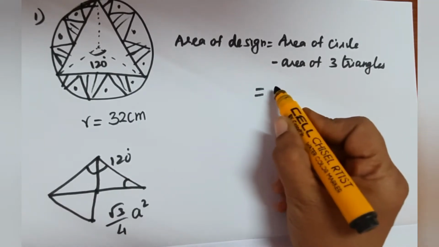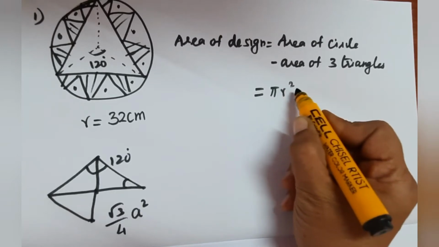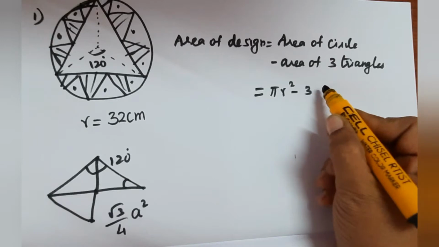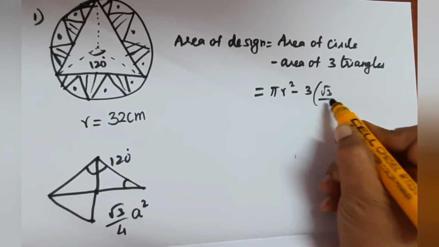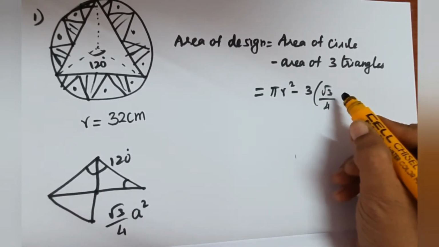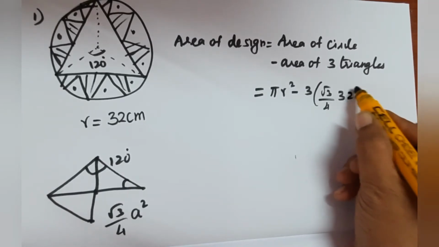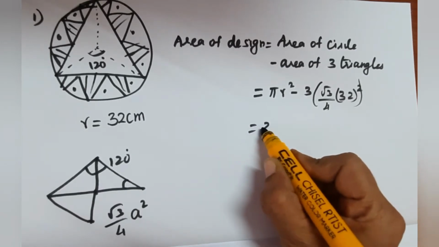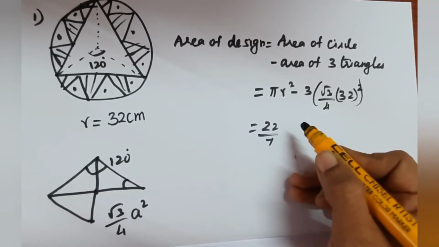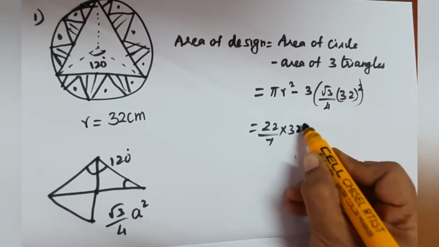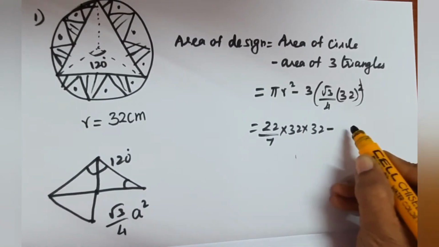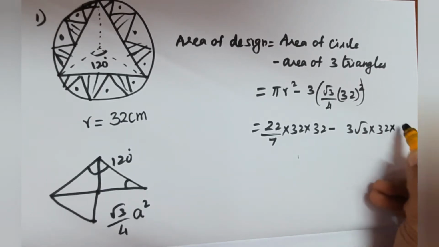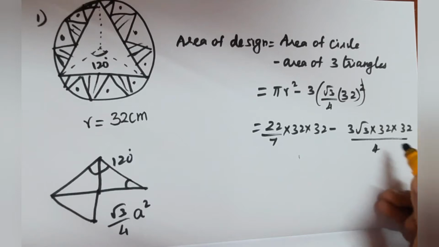Area of the circle is pi r square minus area of three triangles. That is 3 into root 3 by 4 into a square, where a is here 32, the whole square. So, which is equal to 22 by 7 into 32 square minus 3 root 3 into 32 square by 4.